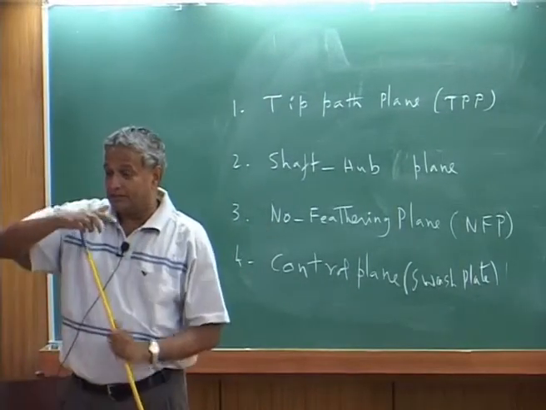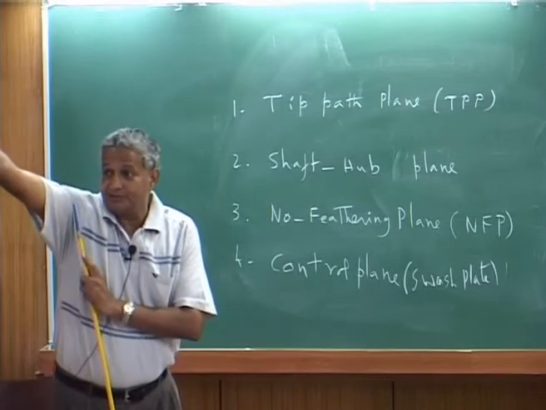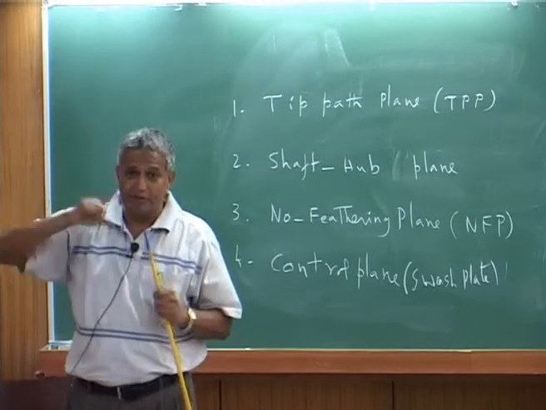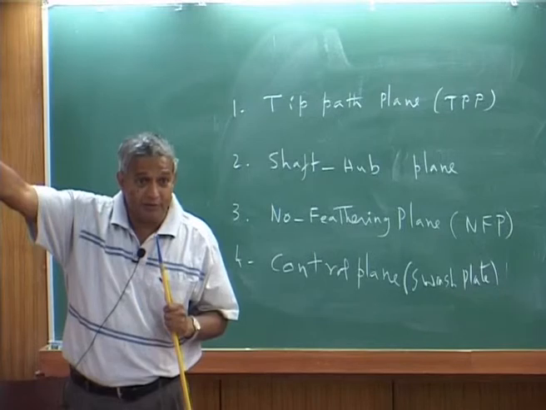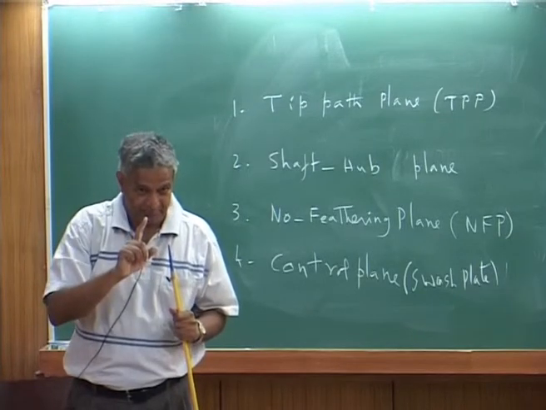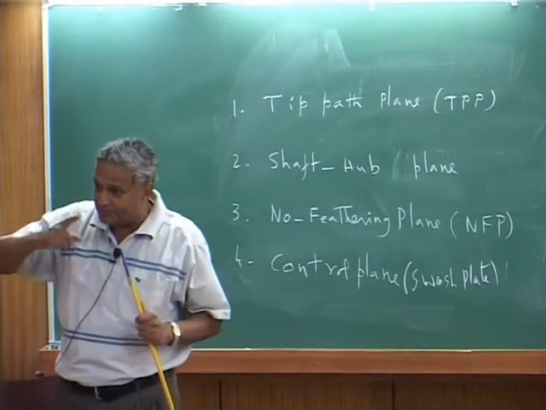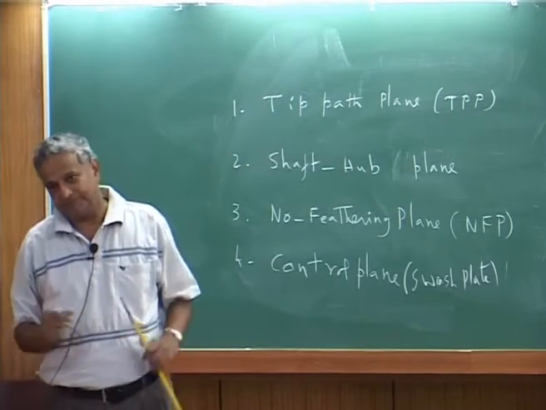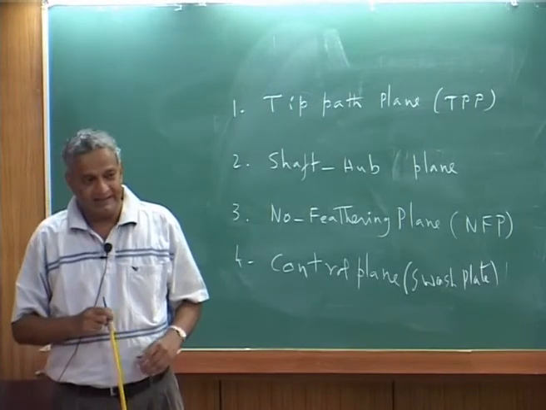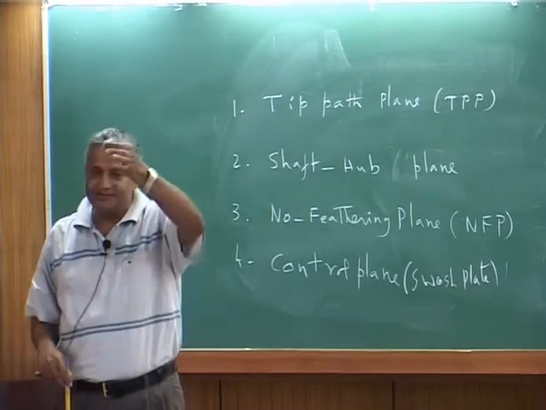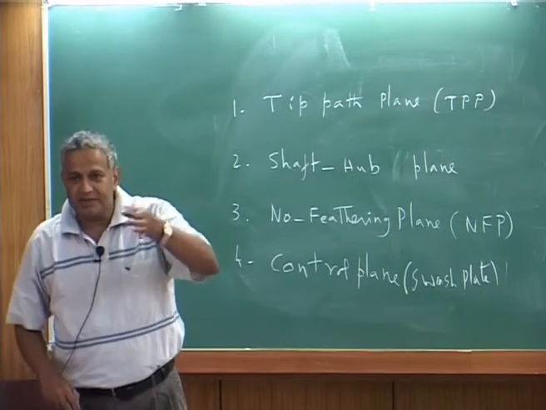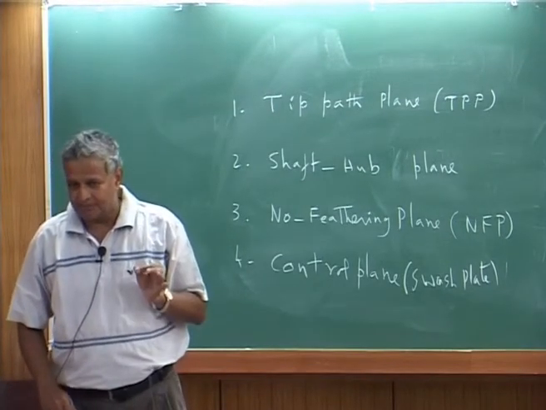But in this plane the blade may be like this, it may be twisted, does not matter. But when you go and calculate aerodynamic load on the blade, please understand you have to define proper coordinate system, and this is where you have to have a very systematic development.